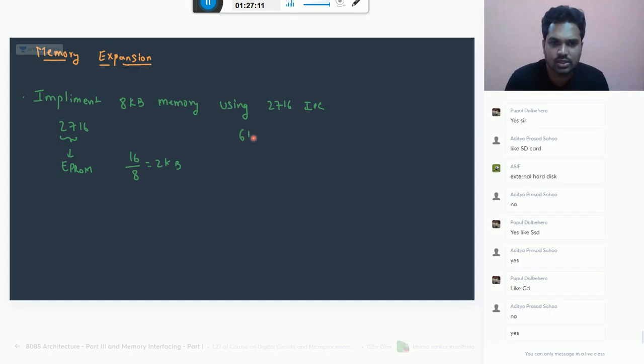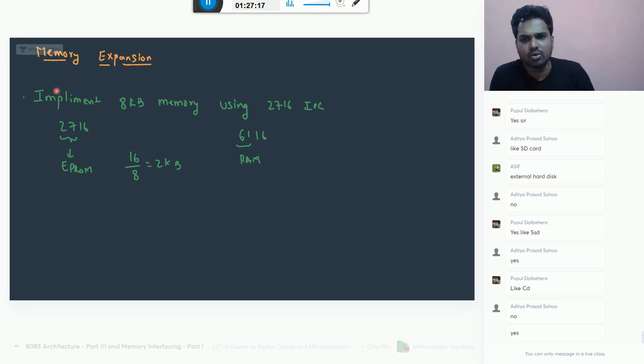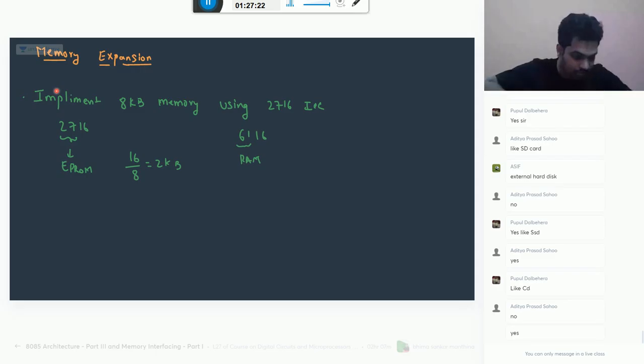Another we have is the 6116 IC. 61 tells it is a RAM. Just general specifications. It is a standard IC. Even if you don't remember, no problem. So the question is like that. You have 2 KB memory. How to make it an 8 KB memory? Let's see how to do it.